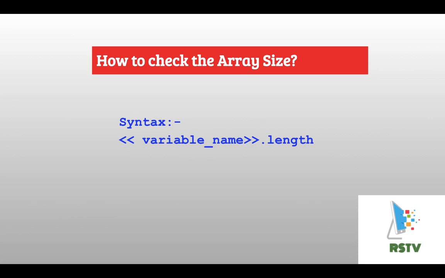If we need to check the length, I mean the size of the array, how many elements we can store, how can we check it? Using the variable name, you mention the variable name, use the dot and length. It will give the length of the array.